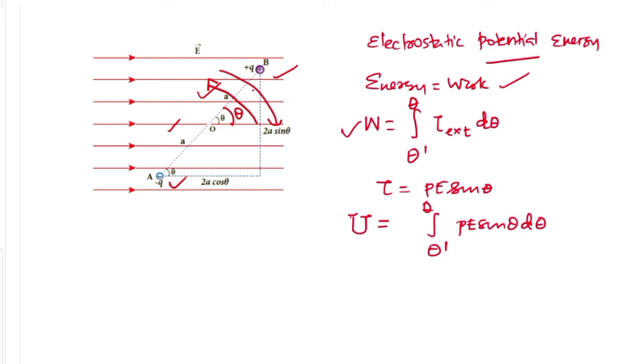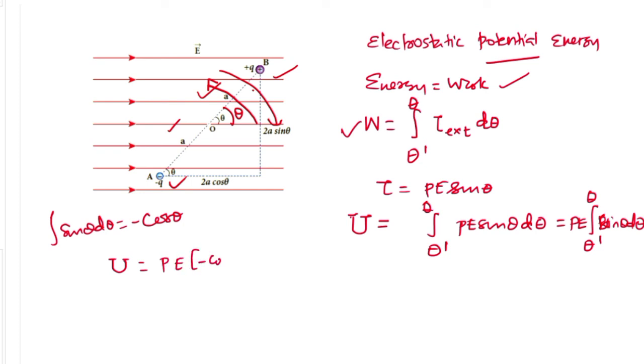If you take PE outside, you get PE times the integral of sin theta d theta. The integral of sin theta d theta is minus cos theta. So this energy can be written as PE into minus cos theta, from theta prime to theta.